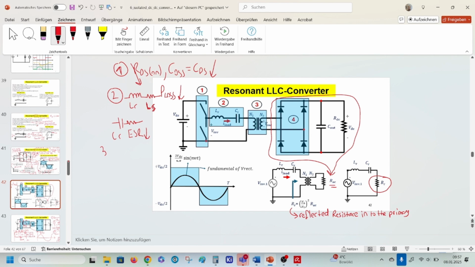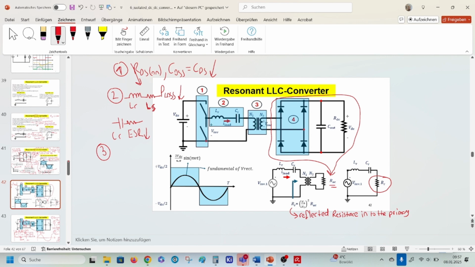And in the third stage, magnetizing inductance maybe, depending on the current that flows on magnetizing inductance, we should select, let's say, this equation, magnetizing inductance divided by resonance inductance.